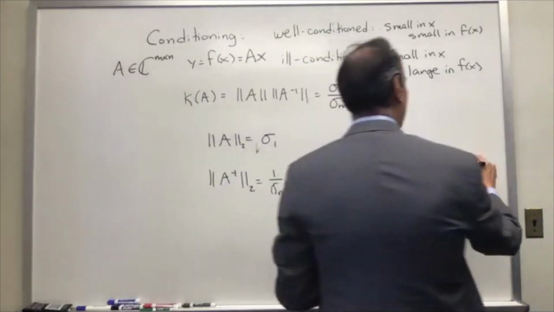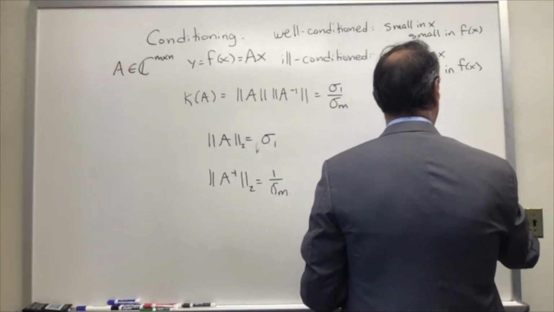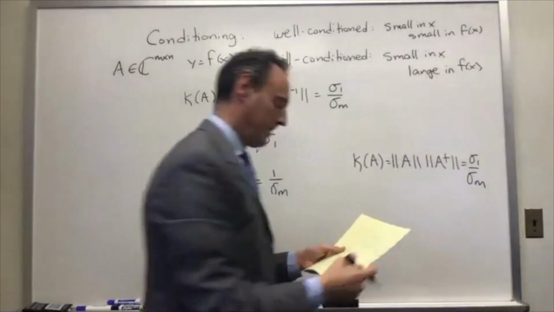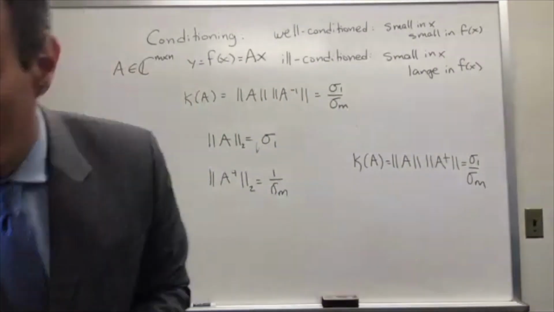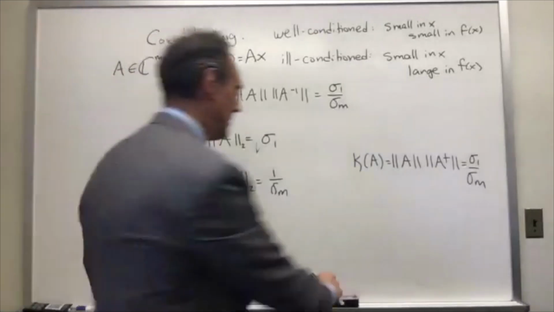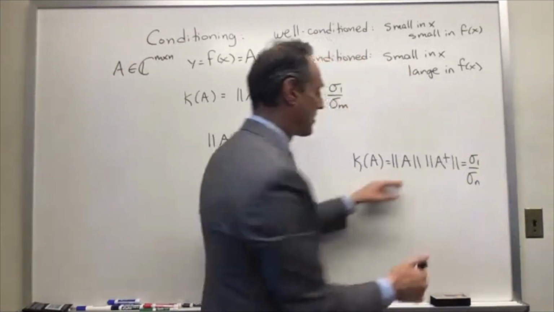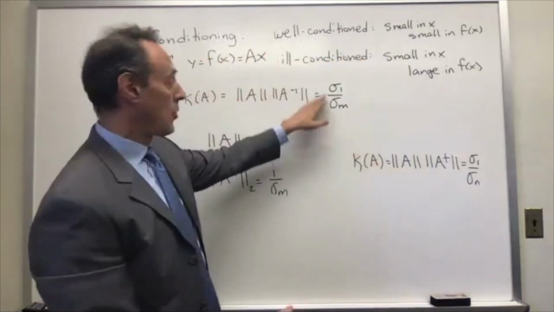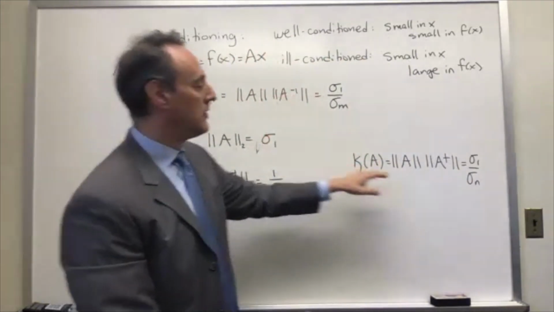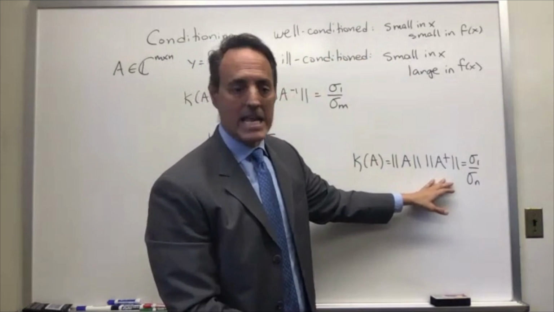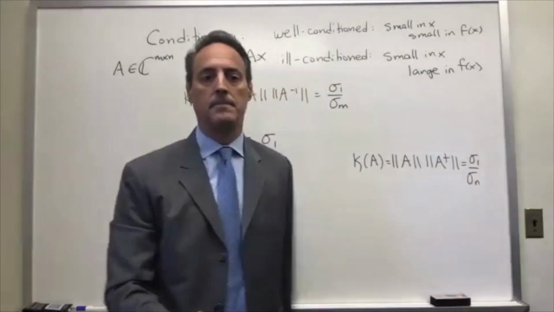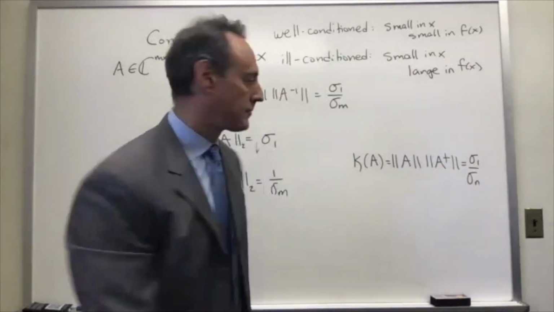And this again turns out to be just sigma 1 over sigma n. Okay, actually, in this case, it's sigma n, right? Let me put that there because it's not square anymore. This earlier one is a square matrix, so it's m by m. This is m by n, so sigma n. Okay?